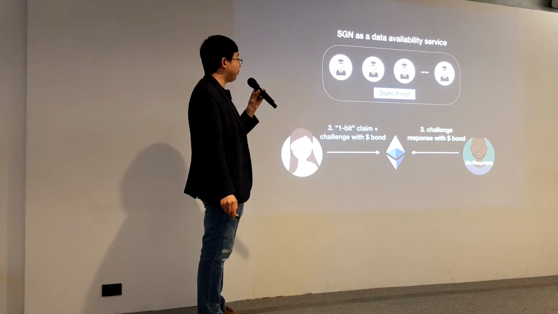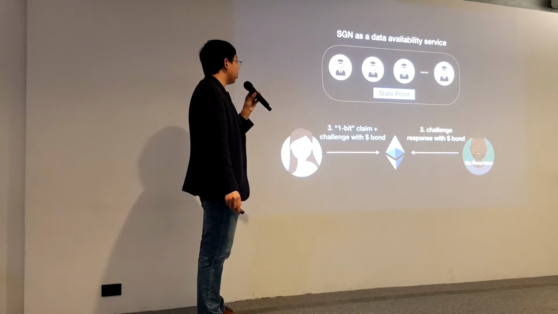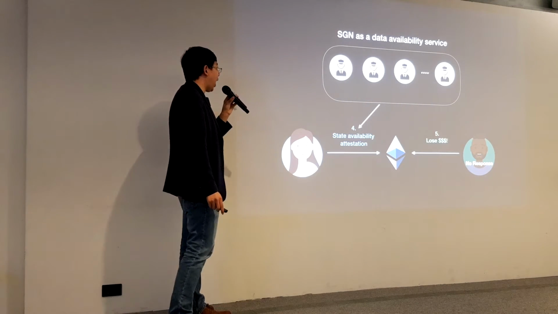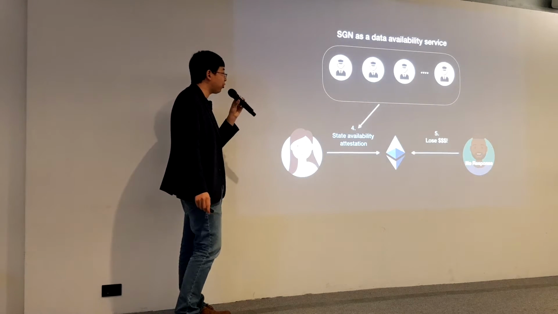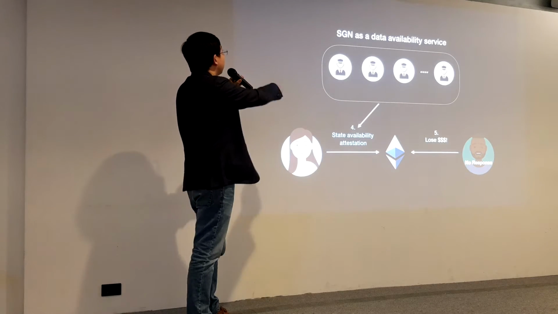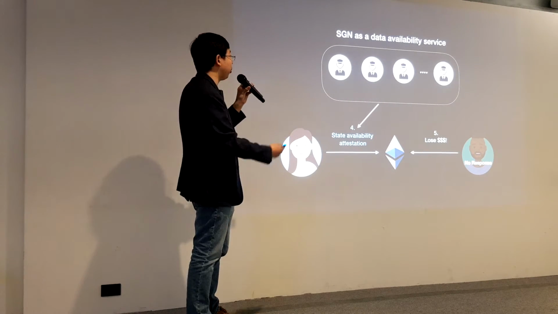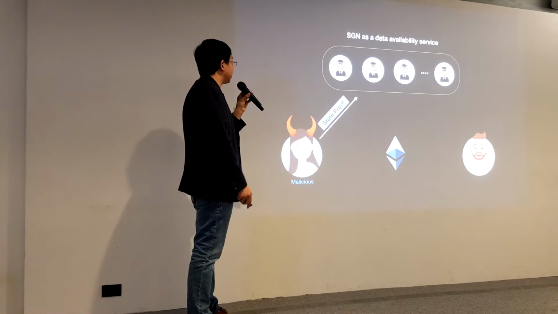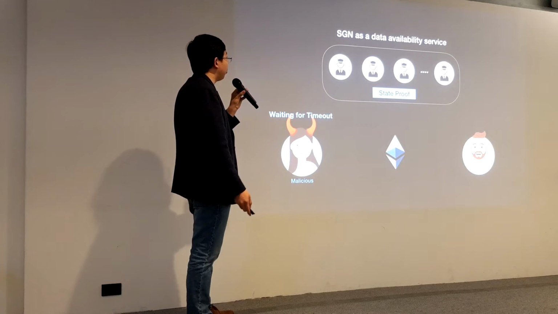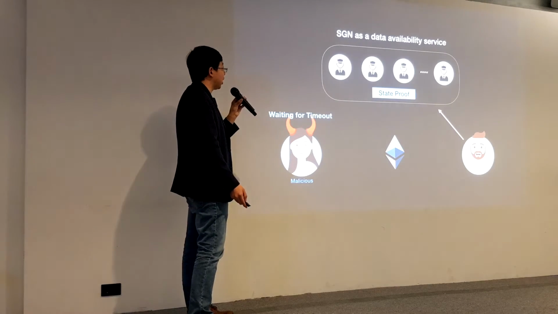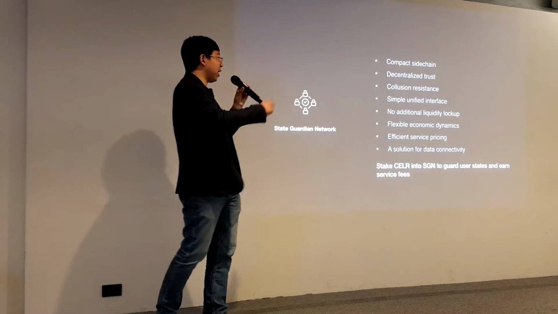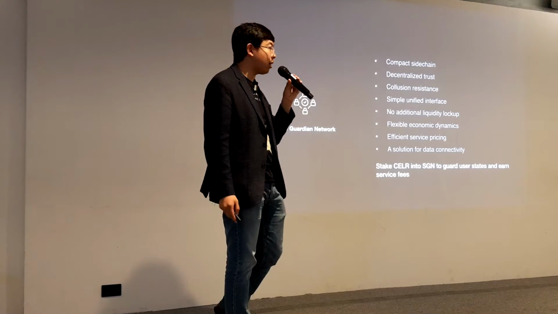If Bob responds to that challenge, also with a monetization bond, Alice can use the state availability attestation from the state guardian network, and then Bob will lose the challenge. And if Alice here is malicious, what's going to happen is that Alice will submit a state proof, and Bob will respond to the state proof before the timeout expires. So that is a very, very quick summary of the state guardian network.